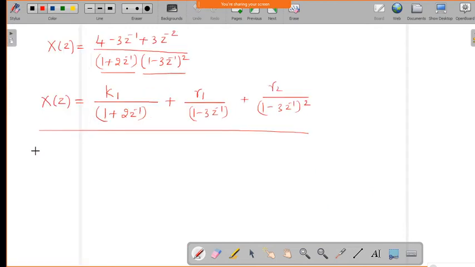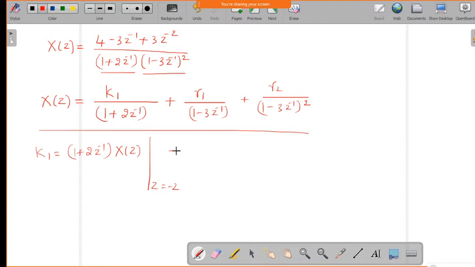Now we know that the value of k1 is 1 plus 2 z inverse into X of z evaluated at z equal to minus 2. This one we can easily find out.